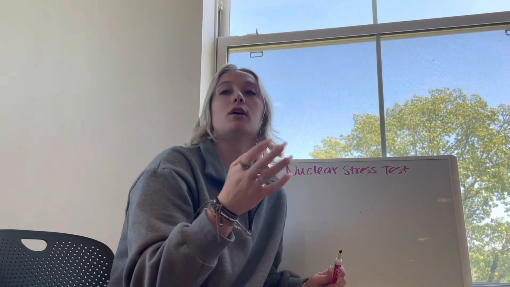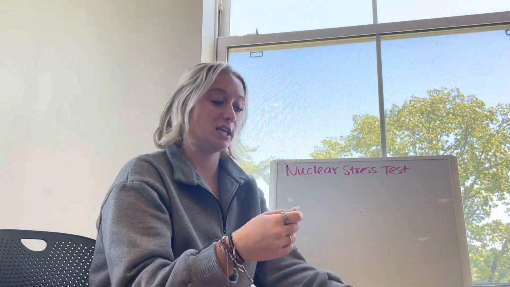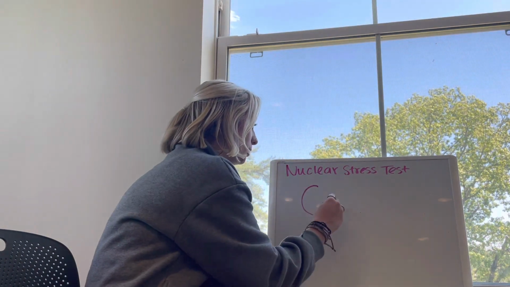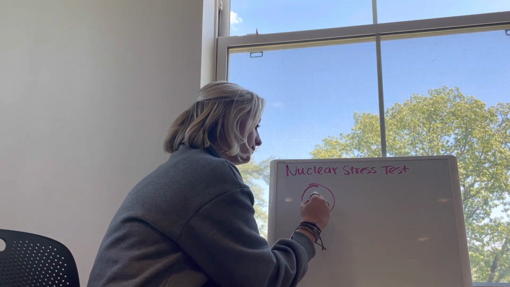So you're going to have your patient injected with the radiation, and at rest, when their heart is at rest, they're going to go through the scan. They're going to do the same thing. You've got your big tube that they slide in, okay?